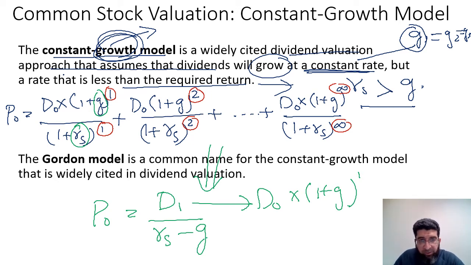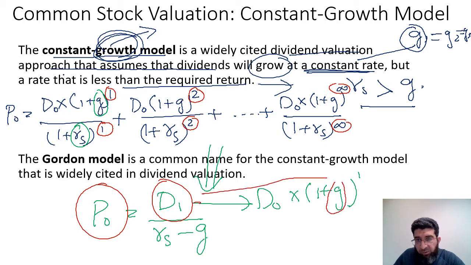So what we have is the short form, which is a common name for the constant growth model that is widely cited in dividend valuation, in which we have the same price, which we calculate from the dividend. Now the dividend includes the growth rate, which is constant, and we put 1 because this is calculated for the first year. And then we have RS minus G, which is the required return minus the growth rate, and we already know that RS has to be greater than the growth rate.